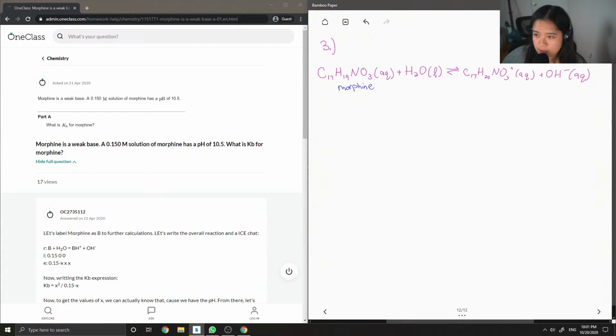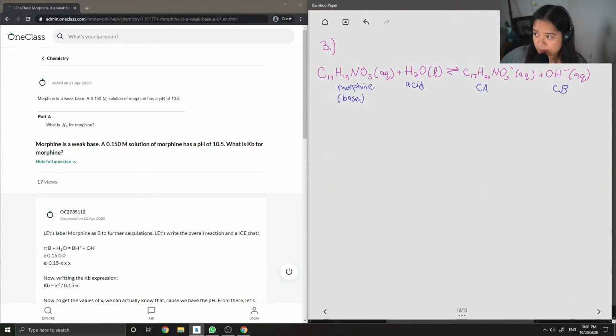So in this case, since morphine was the proton acceptor, it is the base. Water acts as the acid, making the protonated morphine our conjugate acid, and then the hydroxide ion our conjugate base.